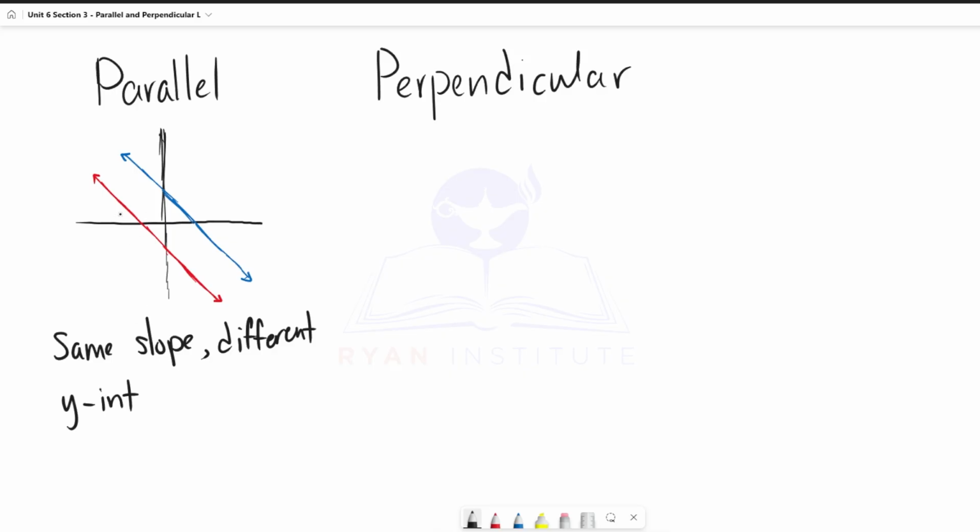Right, so let's just say that both of them have a slope of 2, right? The y-intercept here, we're going to eyeball that at -2. The y-intercept right here, we're going to eyeball that at 2.